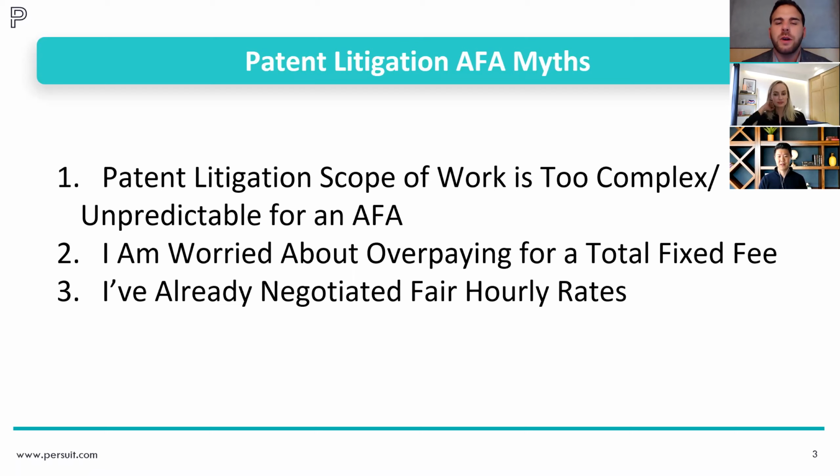Okay. So what I'm hearing from you both is, whilst patent litigation is complex and the scope of work is unpredictable, as long as I define my assumptions up front, I can more accurately compare proposed AFAs from multiple firms before choosing a firm, and I don't need to worry about overpaying, because if the scope of work changes, Jerry, what you're saying is I can use my phase-based pricing to determine what I should be paying.